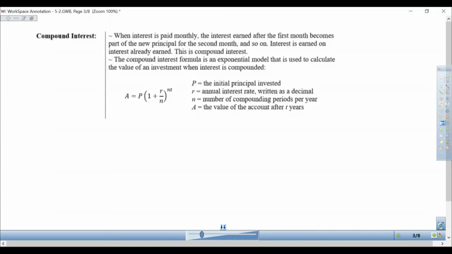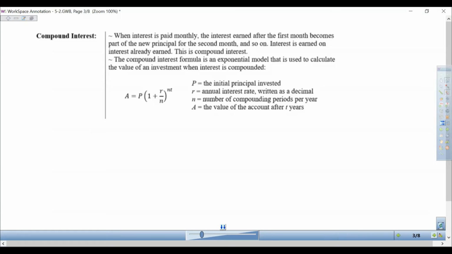So the compound interest formula is an exponential model that's used to calculate the value of an investment when interest is compounded. So P is the initial principal that's invested. P stands for principal. It's something that's used in banking. And then R is our annual interest rate written as a decimal. N is the number of compounding periods per year.